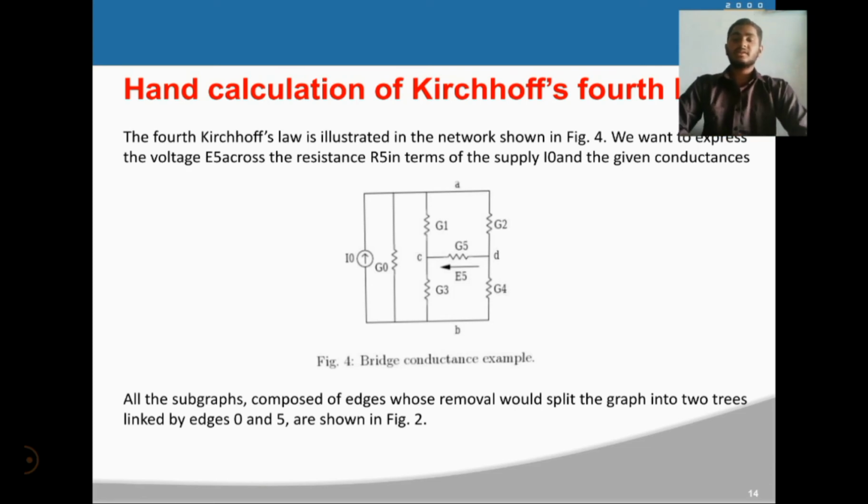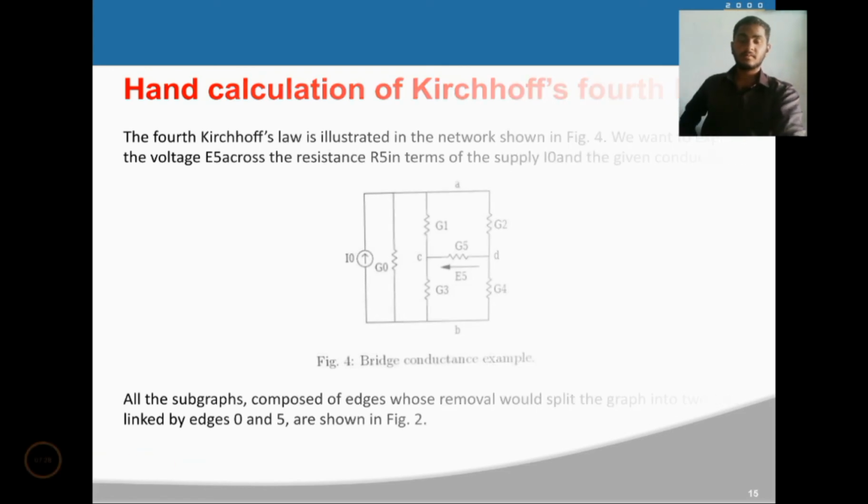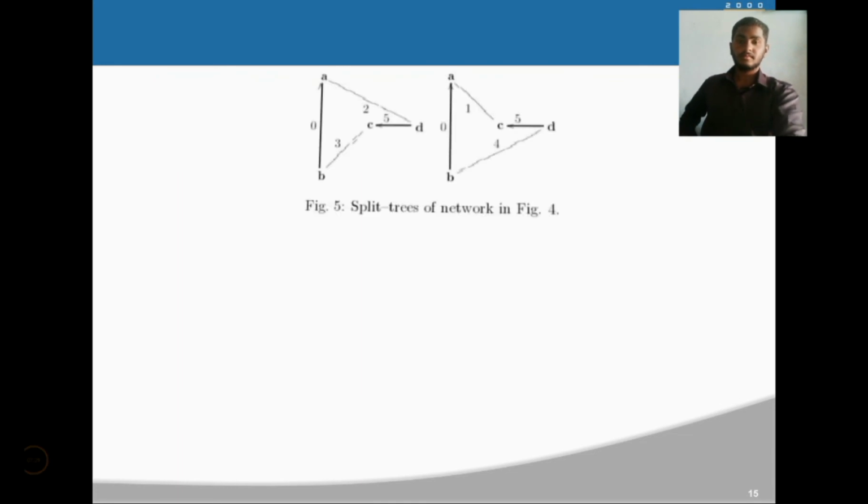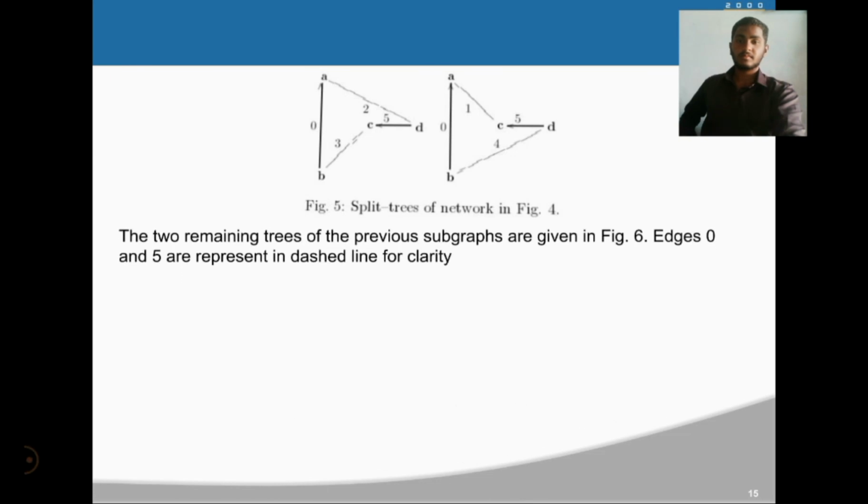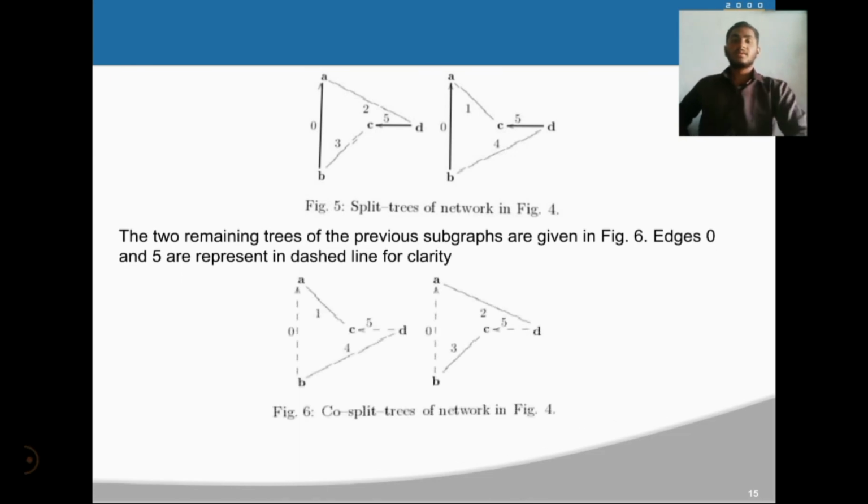All the subgraphs composed of edges whose removal would split the graph into two trees linked by edges 0 and phi are shown in figure 5.